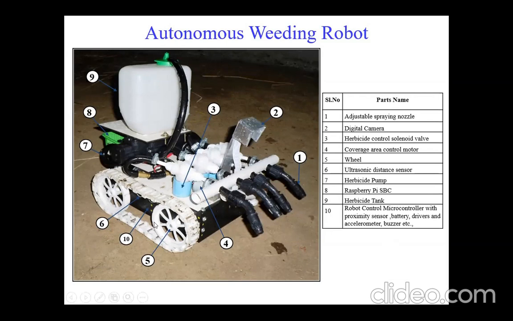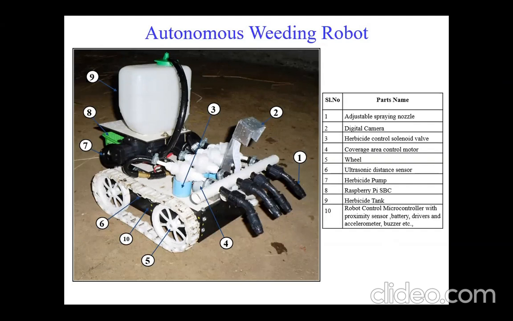And we have 4 different wheels. The 4 wheels are independent because we want to make different actions while traveling. Through your pump, we are getting the pressure, and through that pressure we are spraying the chemicals. The processor we have taken here is a Raspberry Pi. In order to identify the ridges and furrows, we have used an ultrasonic sensor.